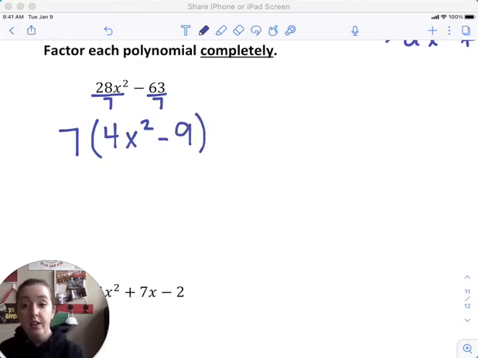So now we're going to look on the inside of there. We have 4x squared minus 9. Well, 4x squared is a perfect square, and 9 is a perfect square. So we can use difference of squares here.